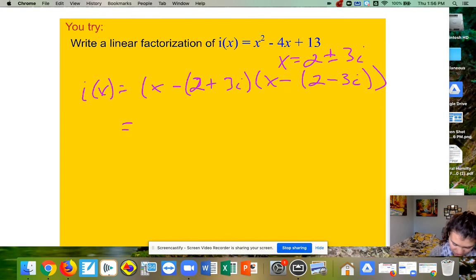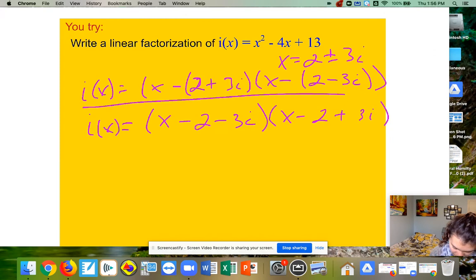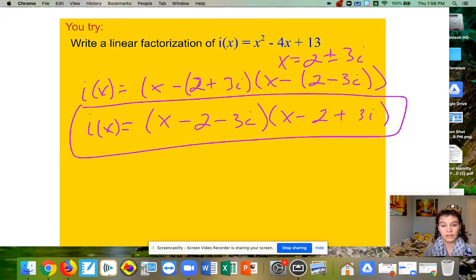And then you want to distribute your negative and we'll get this. So this would be your linear factorization. It's factored completely out, there's no x squareds in it, and you can find your zeros from this.